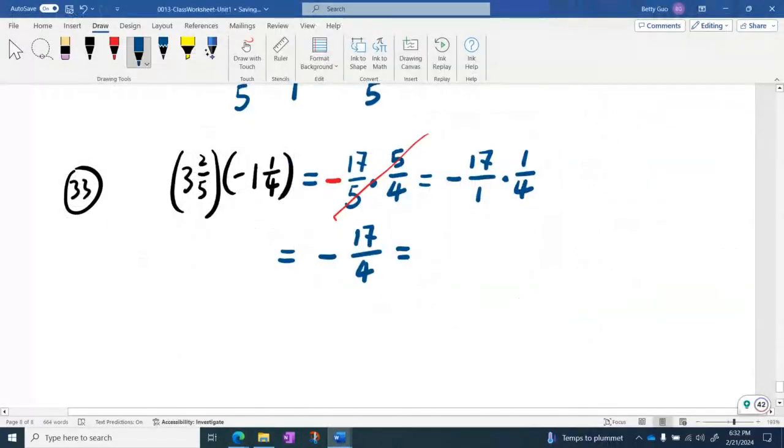So what happened is 4 is able to go into 17 4 times, because 4 times 4 is 16. But not completely. We would have a remainder of 1. So the result is a negative 4. The remainder 1 stays on the top over 4. So negative 4 and a quarter.